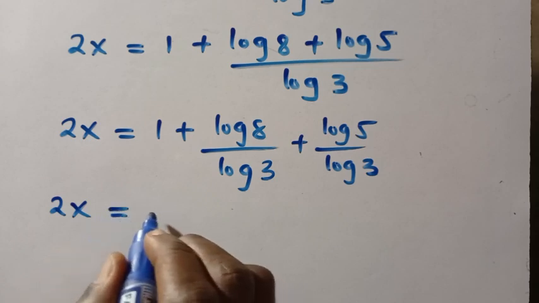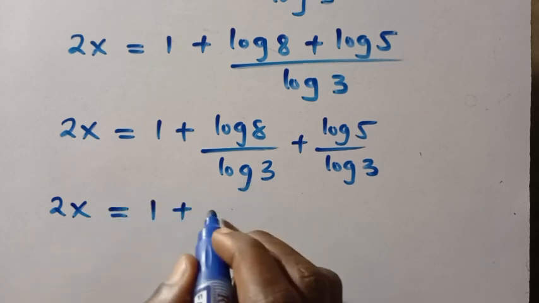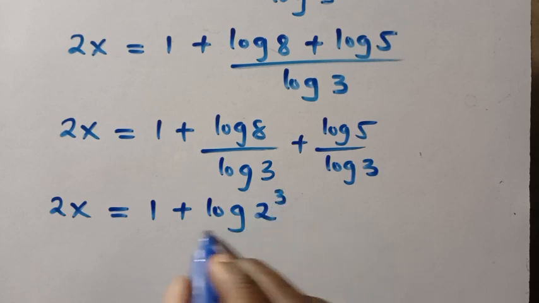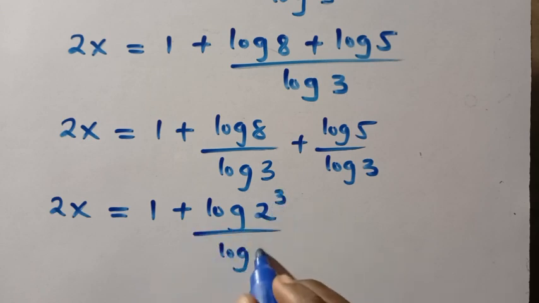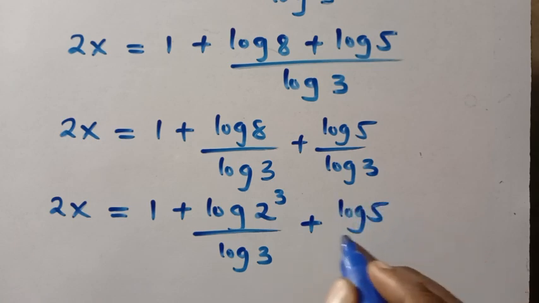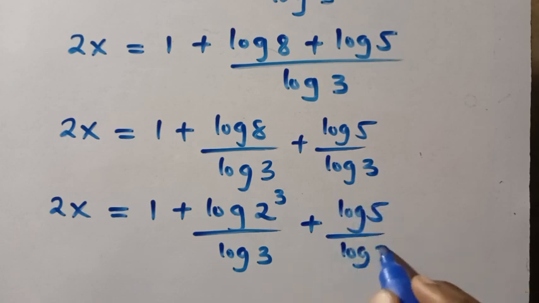And from here, we have 2x equals 1 plus log 8, which is 2 power 3, divided by log 3 plus log 5 divided by log 3.